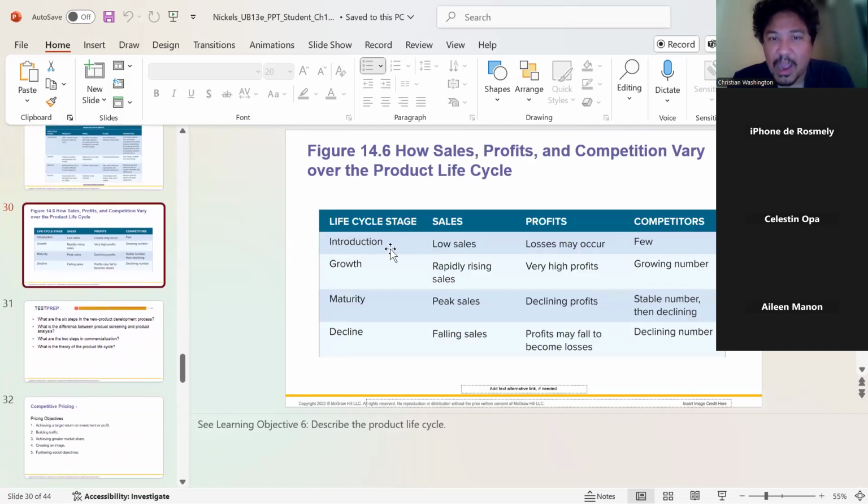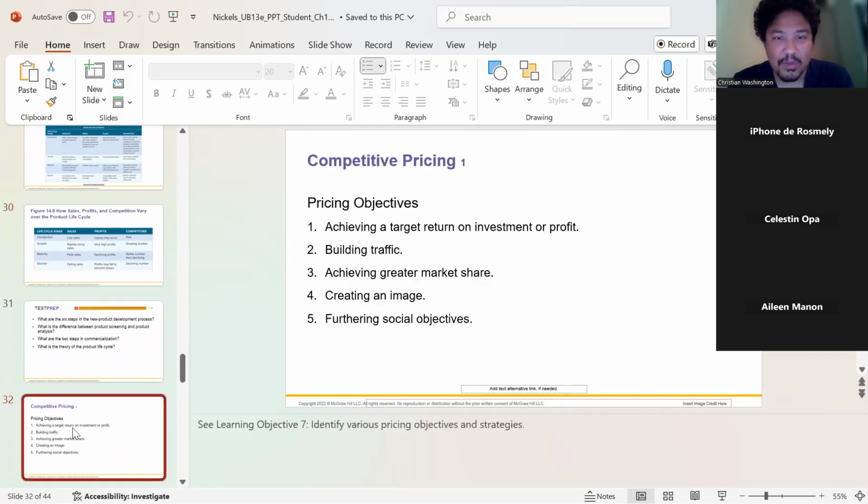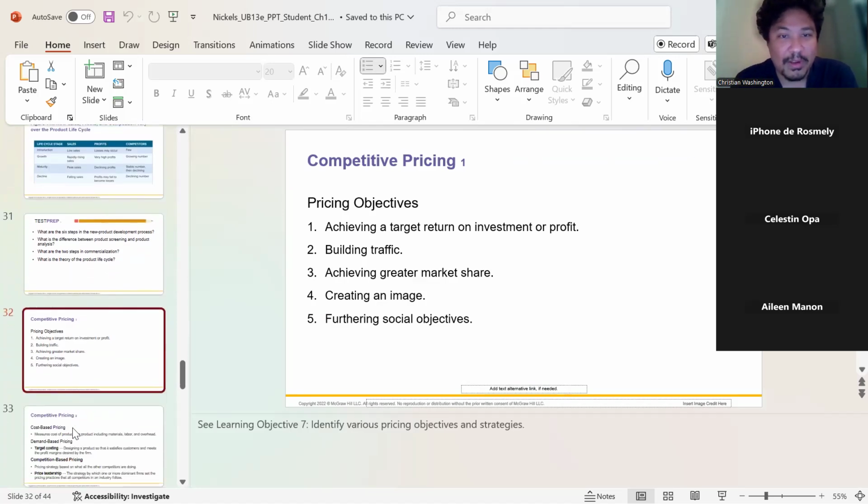And they describe the sales, what the profits look like, what the competitors look like during that process. So during the decline, or when your product's been on the market for a long time, more competitors jump in because they copy you, right? So that's why you see that cycle. Someone else's product cycle could be going down and you could be jumping in, copycatting it at a cheaper price, and you're in a different phase. So that's important to understand.